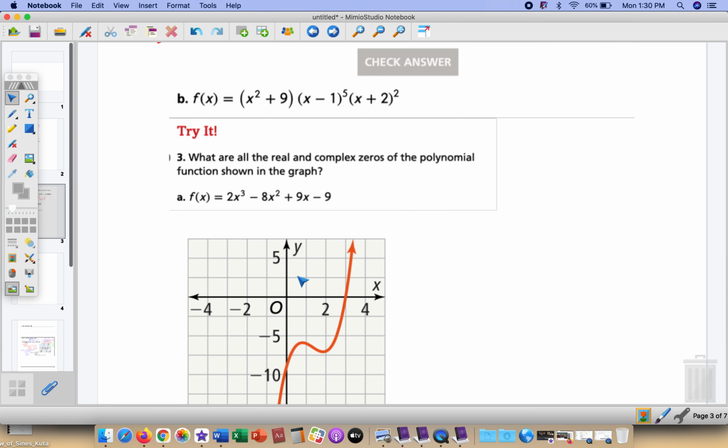So for this next one, we know that quantity x squared plus 9 is power 1, x minus 1 is power 5, x plus 2 is power 2. So let's set each parenthesis set equal to 0.